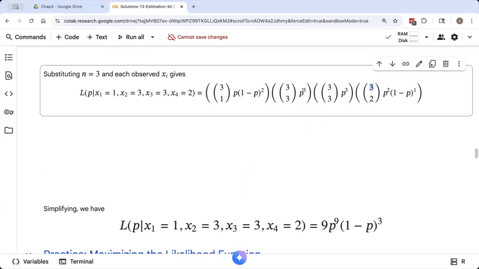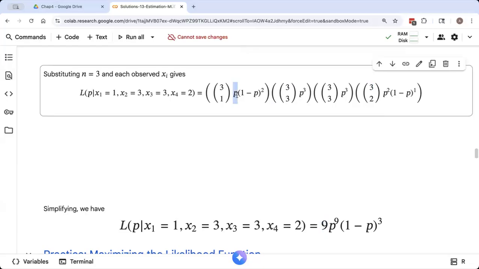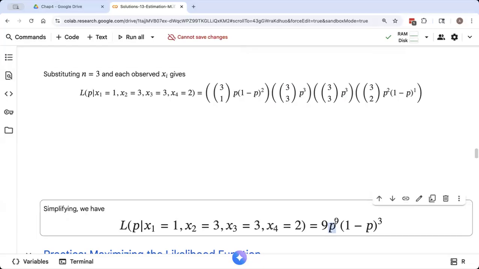We can multiply the coefficients that we get from this combinatorial operation as 3 times 1 times 1 times 3, and that's where this 9 comes from. We can group the p's together: p to the first times p cubed times p cubed times p squared gives us p to the 9th.